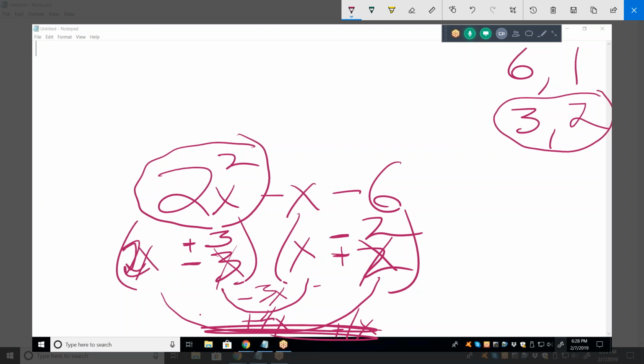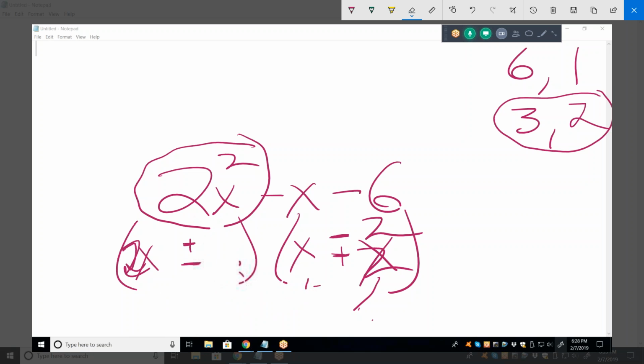Okay? Now, before we leave this problem, let me point out a couple of other things. Let's say I put the 2 over here and the 3 over there. Remember, there are 4 possible combinations just using that set of factors. I can go 3 and 2, 3 and 2, 2 and 3, 2 and 3. So there are 4 different combinations. When I say trial and error, a lot of times you've got to try all 4 of them.